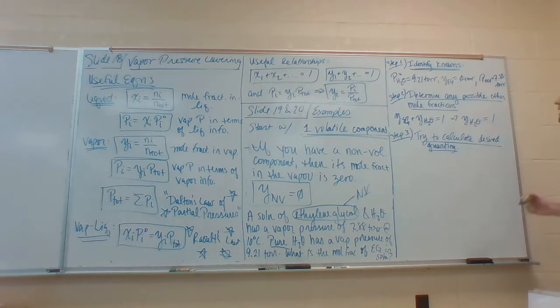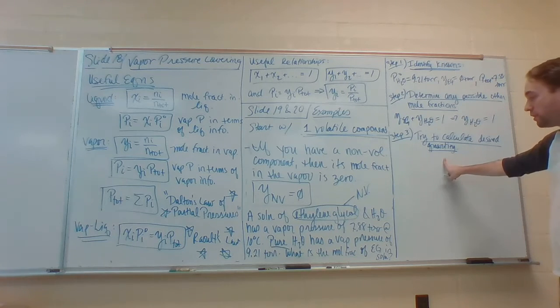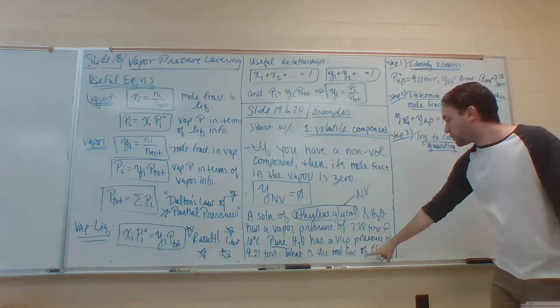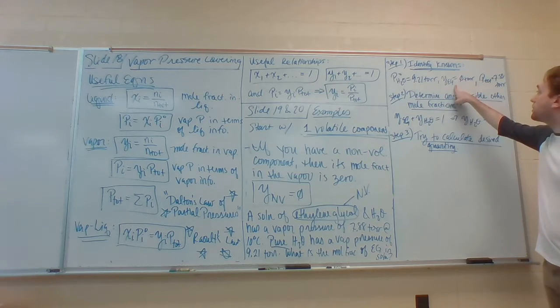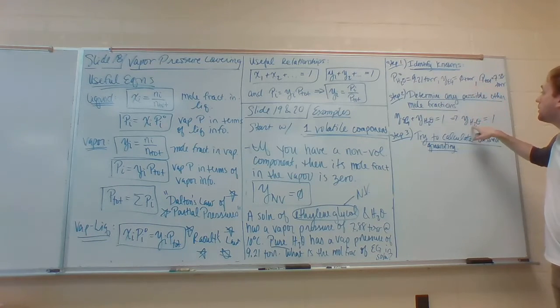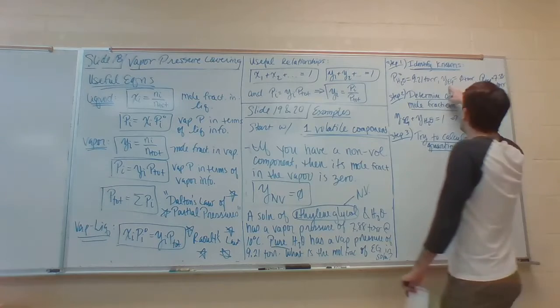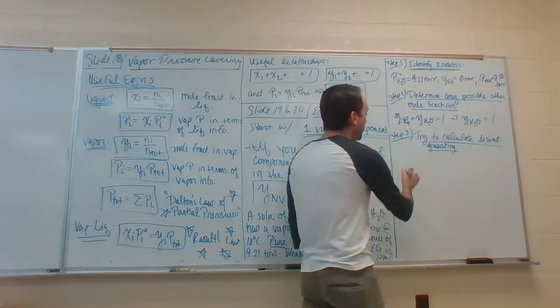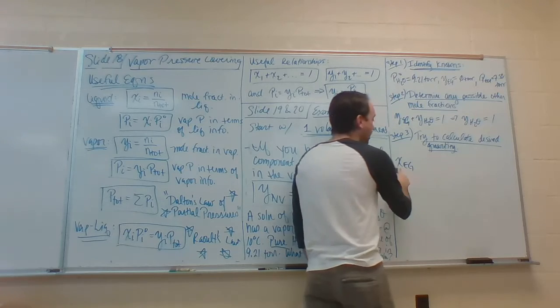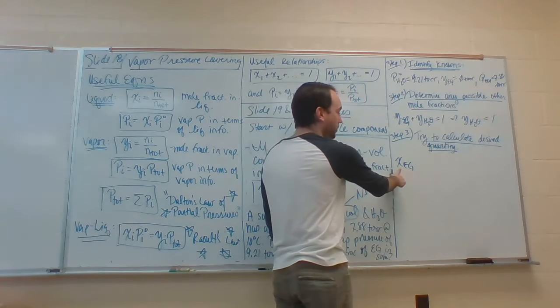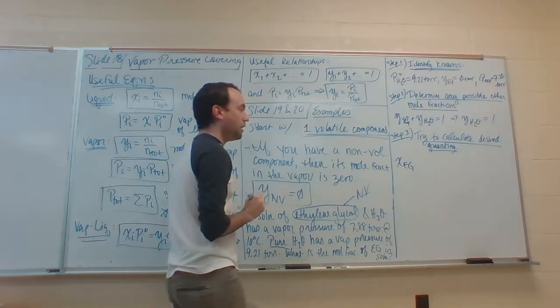Now, the quantity that we're looking for is the mole fraction of the ethylene glycol in solution. We have the mole fractions in the vapor, but it's asking us about the mole fraction of ethylene glycol in solution. So that's our X, because we're in the liquid, or in our solution.